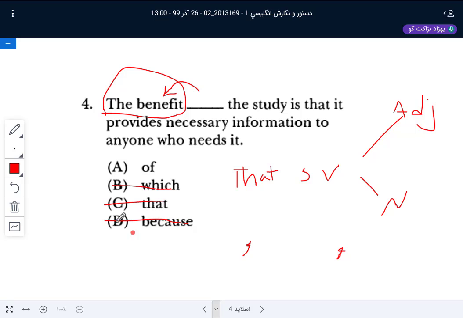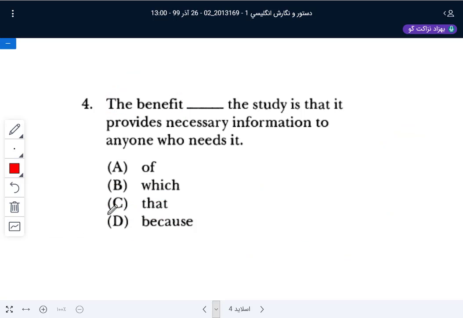So this is not, again, acceptable. And if it comes after the verb, again, we need to bring it without any comma. Okay? So here, choice A is the best choice, as you said.